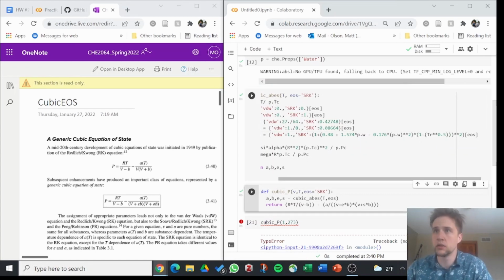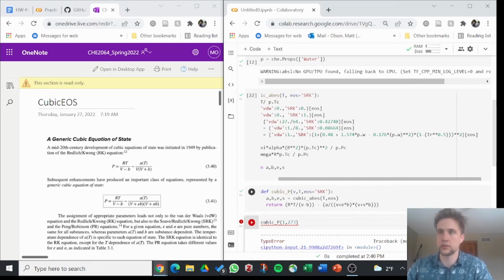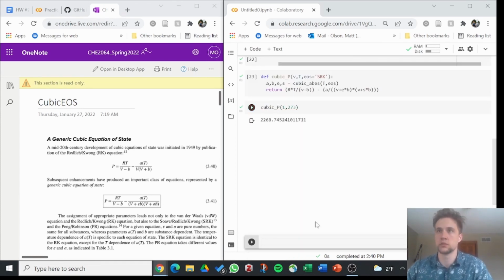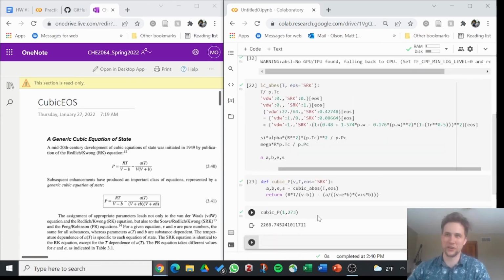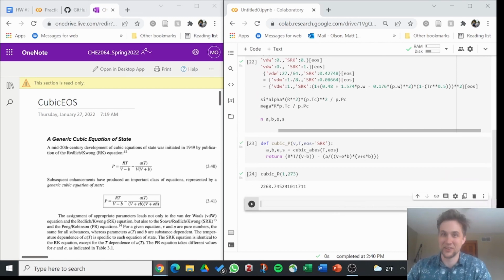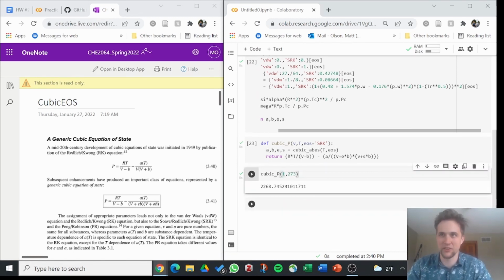Let's try that. Ah, finally. There we go. All right, not one thing wrong with coding. Otherwise, the computer is very angry.